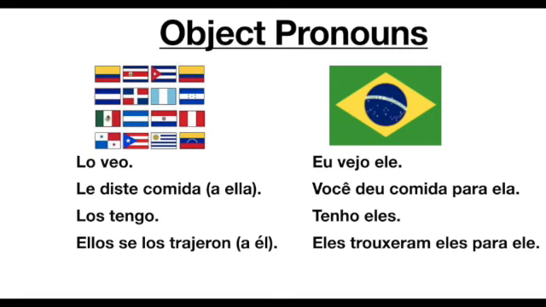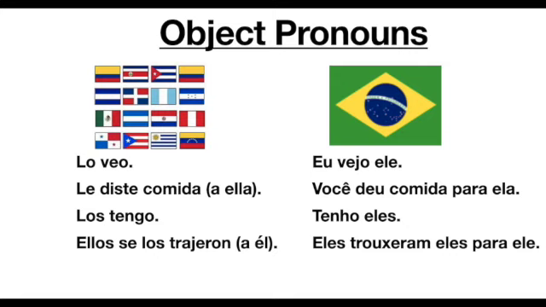In Spanish, if I have, I gave her food, I would say, le diste comida a ella. The a ella is optional. If we already know what we're talking about, we don't need it. But in Portuguese, I say, você deu comida para ela, which means you gave food to her. And we can see that the para ela means to her as well, but I don't need the indirect object pronoun lhe in there.